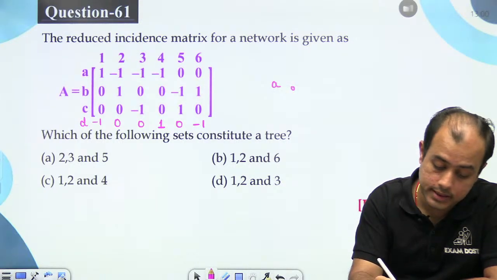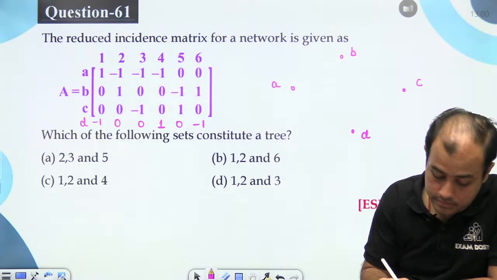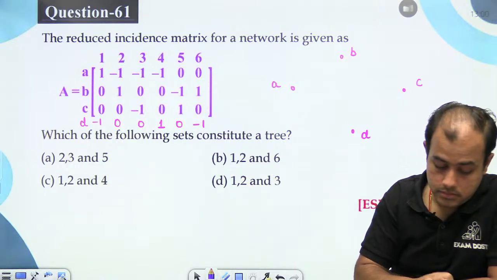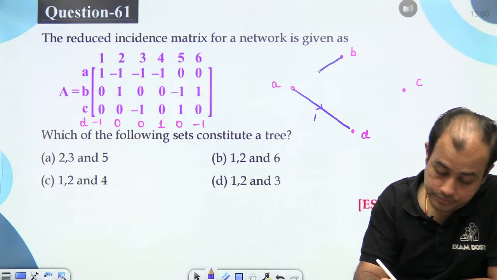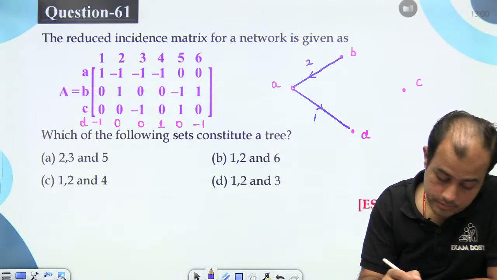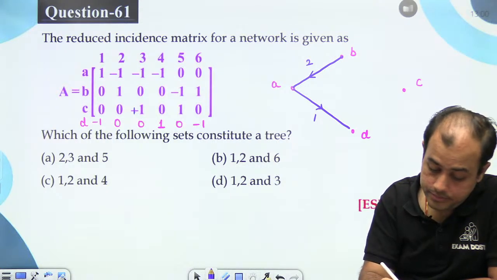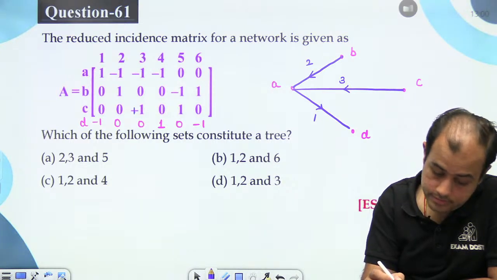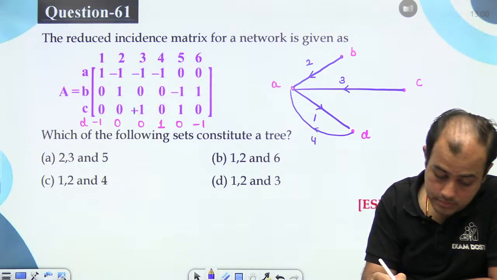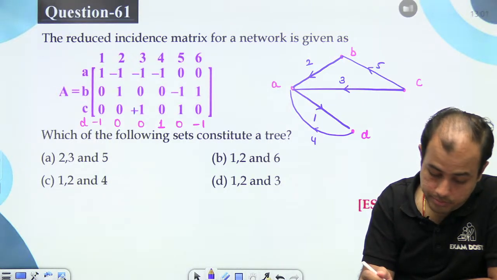Now there are 4 nodes A, B, C, D. One minute, here put A as +1, this has been given wrong. C to A, then D to A, C to B, B to D.